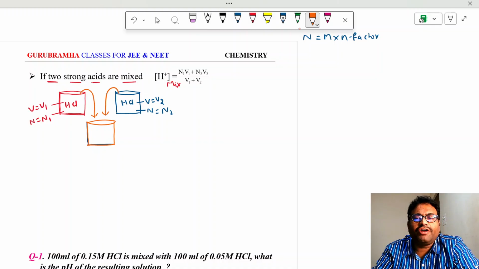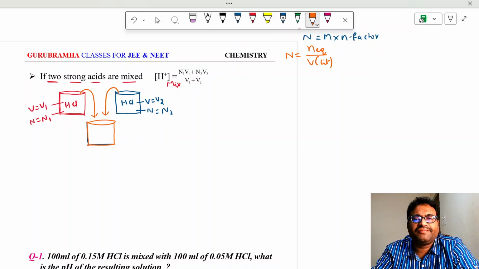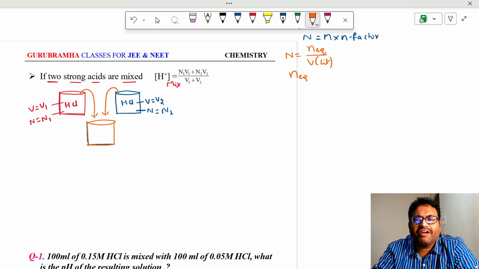And we know a formula. What is that formula? Normality is equal to number of equivalents by volume in liters. And from this I can write number of equivalents is equal to normality into volume expressed in liters. This is one formula.